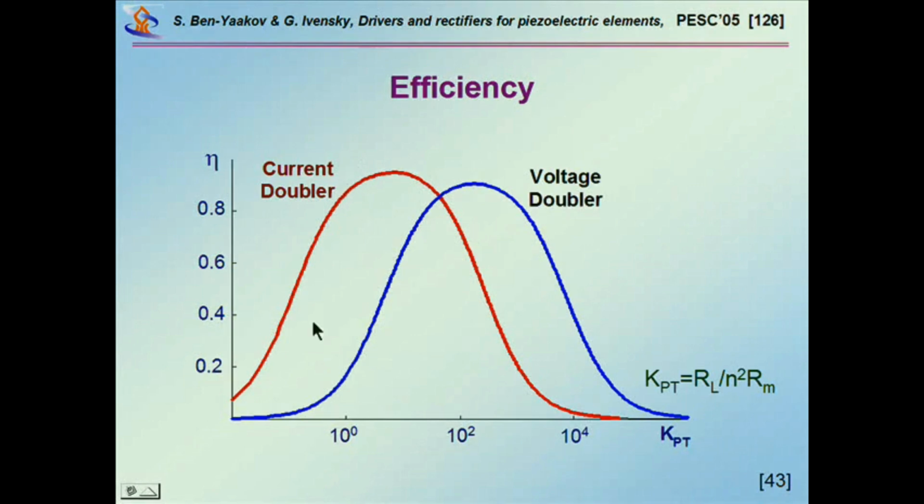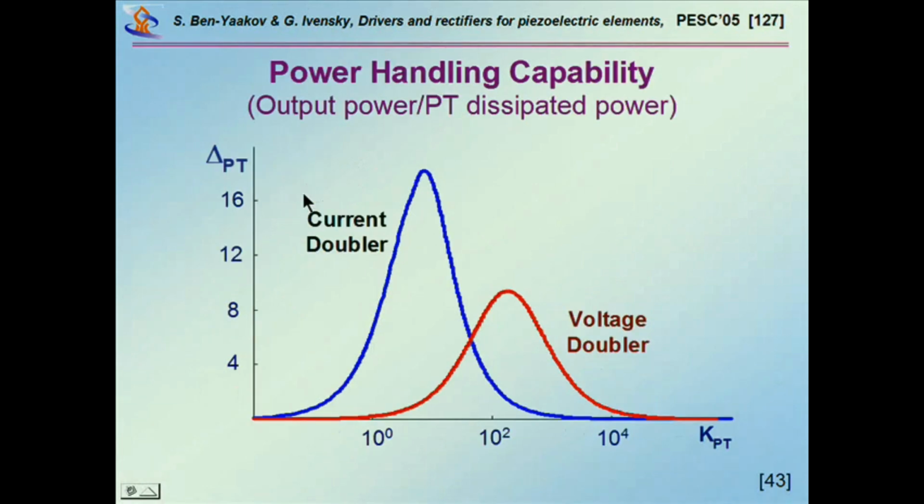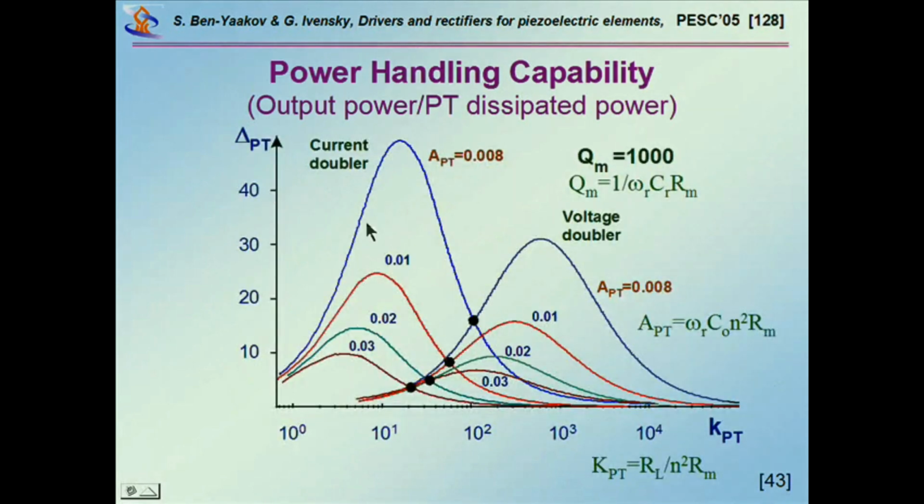If you have a small resistance, comparably, then the current doubler is a better solution. So the current doubler is indeed very good for cases with low resistances, and the voltage doubler is for high resistances.